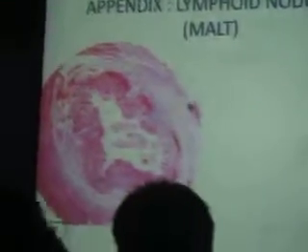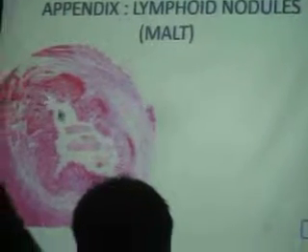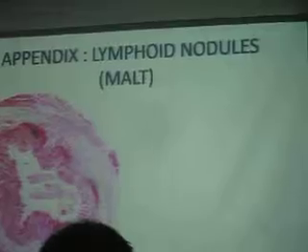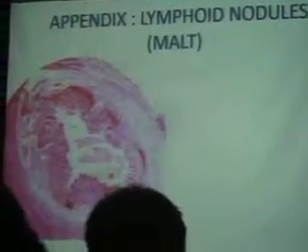With the low power magnification, you have here your aggregated lymphatic tissue, submucosal like that. Take note that you have your muscle layer there, the layering of your gut.